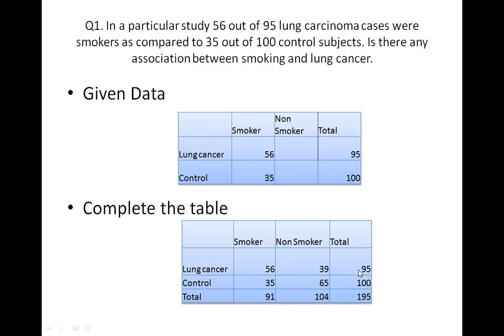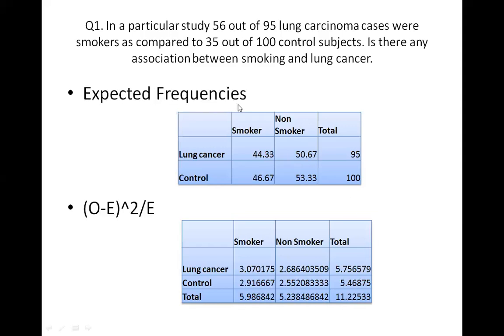Out of 95 lung cancers, 56 are smokers and 39 are non-smokers. Out of 100 control subjects, 35 are smokers and 65 are non-smokers. So this is a 2 by 2 table, and the last column and last row have totals, the total of rows and total of columns.